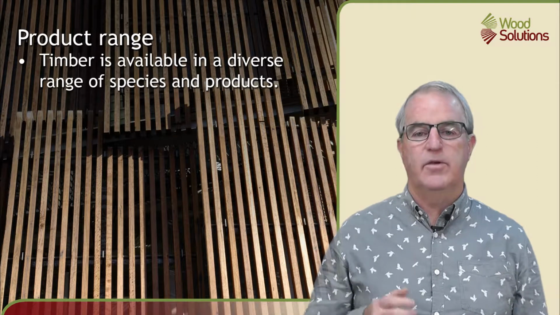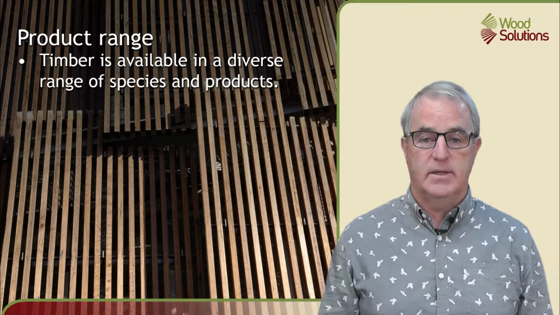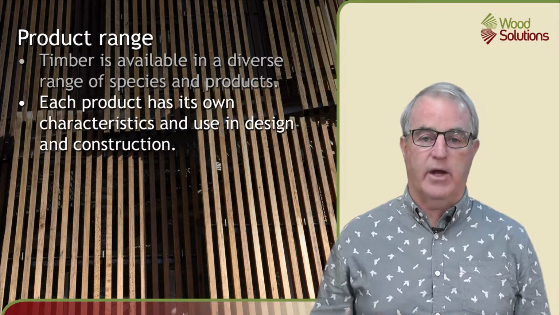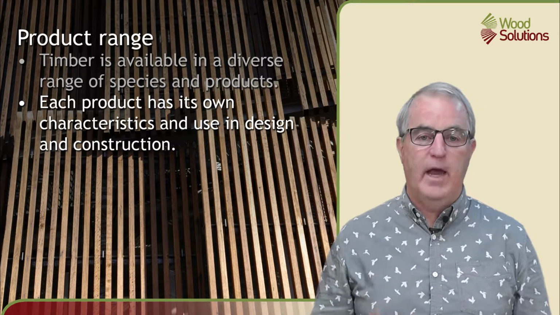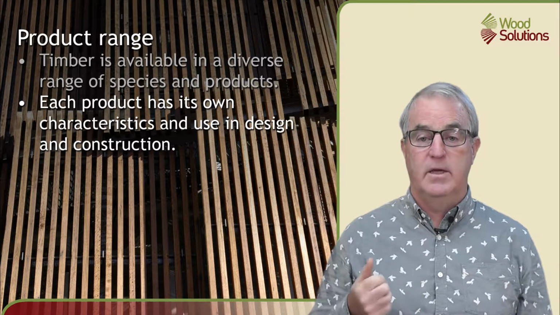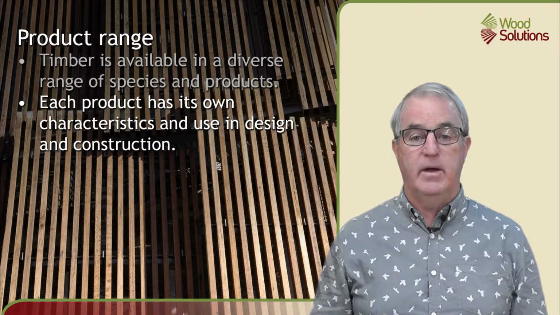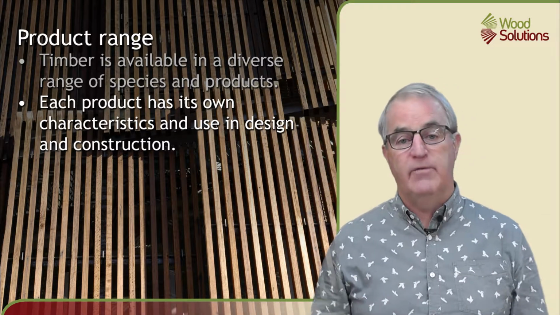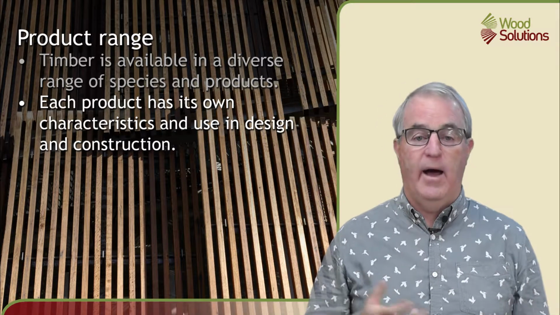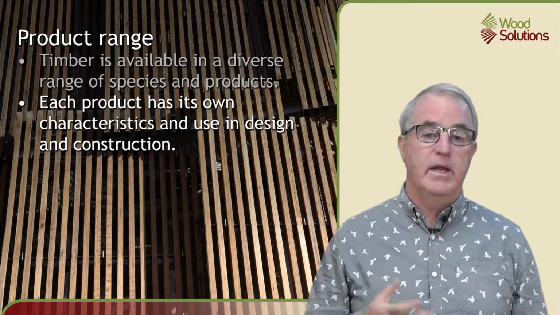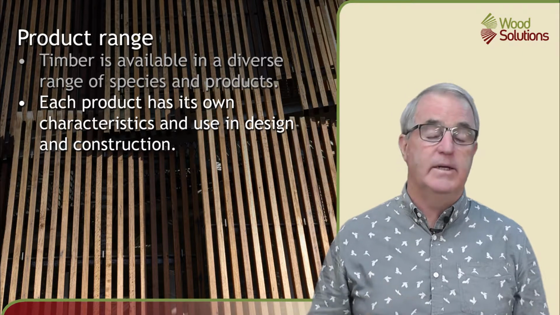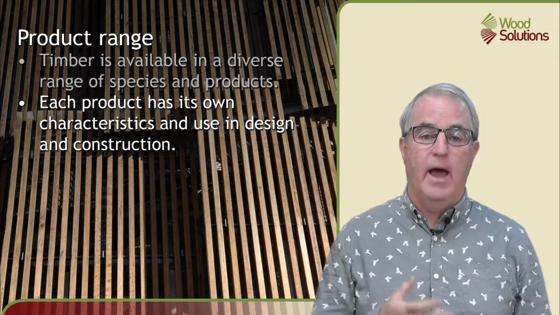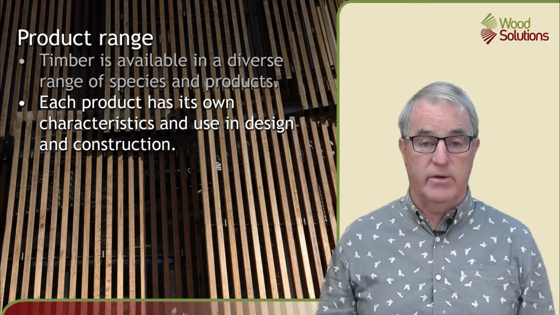Timber is available for use in a range of different products. Each product has its own characteristics and use in design and construction. Commonly available products include timber rounds, solid sawn and moulded timber, ply and laminated veneer lumber or LVL, other engineered wood products, medium density fiberboard or MDF and particle boards, glue laminated timber or glulam, nail plated products and recycled material.